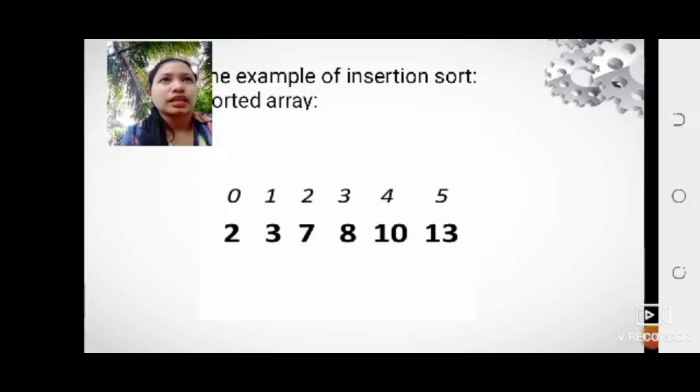So what if we insert number 5? It is expected that this number 5 will be inserted at index 2, because insertion means arranging the numbers from decrease to increase.